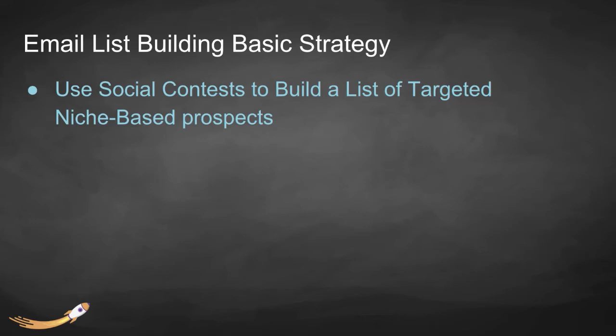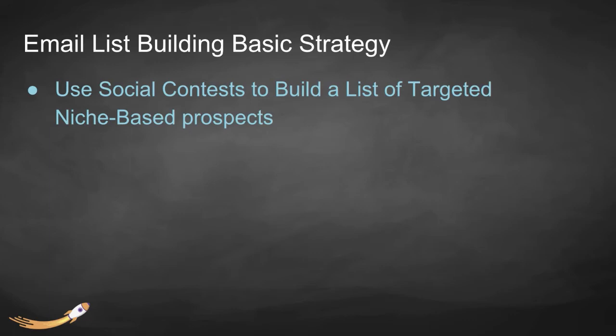And with social contests, you're going to use a service like Rafflecopter or Wishpond or something similar. UpViral is another one, where you're going to build a contest, a giveaway of pretty good value, maybe over $200. This giveaway package is going to contain items related to your product niche, but not your product specifically.